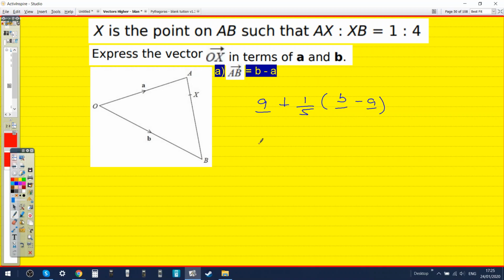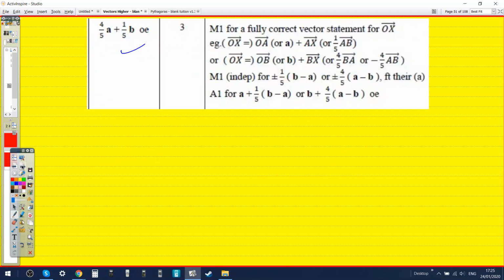Then multiply out the brackets to get a plus 1/5 b minus 1/5 a. And in total you get 4/5 a plus 1/5 b. 4/5 A, 1/5 B. I'm quite good at these.